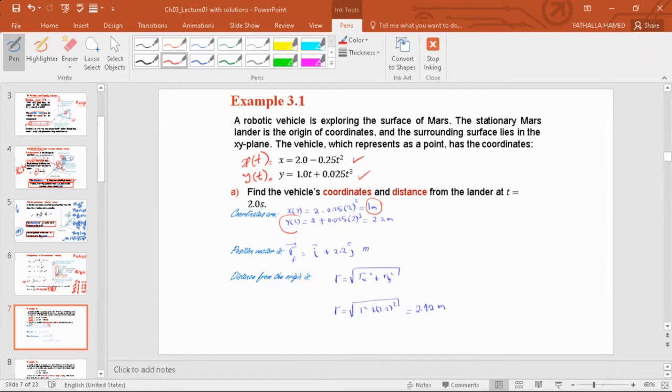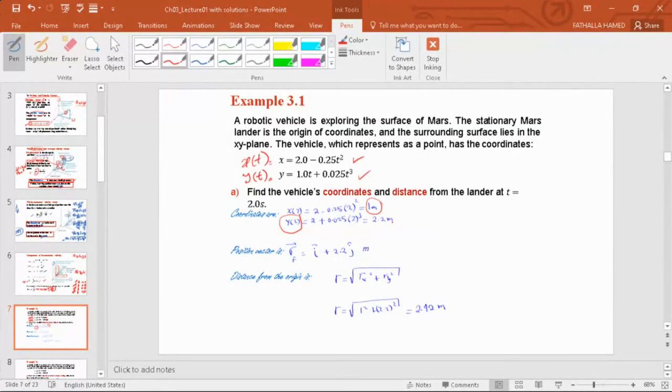Y at 2 seconds, it tells you that t is 2, and 2 times 1 will give you 2, and 2 cubed will give you 8, and 8 times 0.025 will give you 0.2.